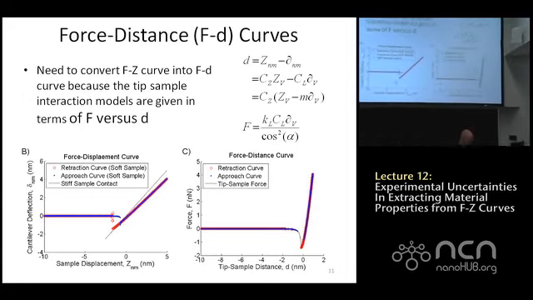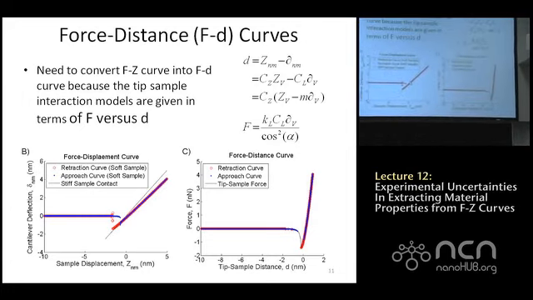A stiff contact would look like this black line here, which is at a 45-degree angle. And this difference between our FZ curve on a stiff sample and our FZ curve on a soft sample is our indentation. If we subtract that and plot it, we would get a curve that looks something like this, where far from the sample, distance and displacement are the same, and close to the sample, they're just subtracted.